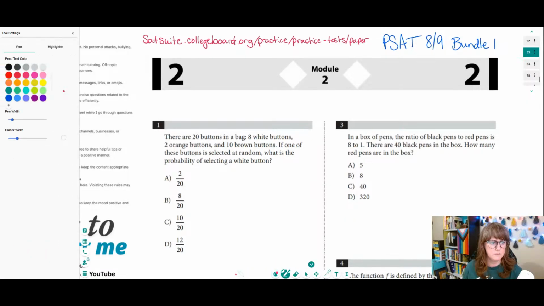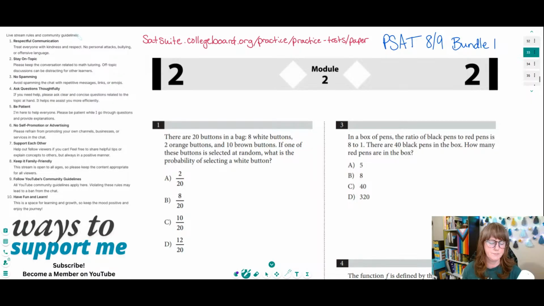I'm also going to go through and show some common pitfalls, some common mistakes that students will make. And like with any of these types of tests, they are built to trick you.